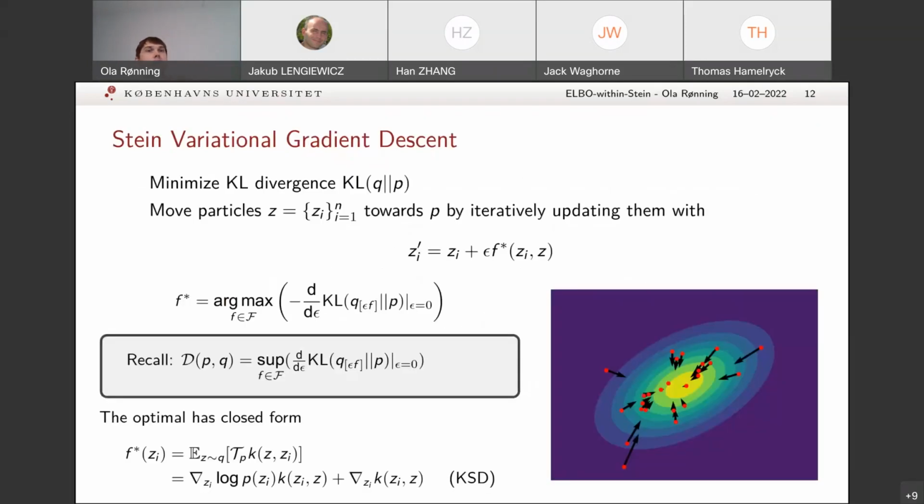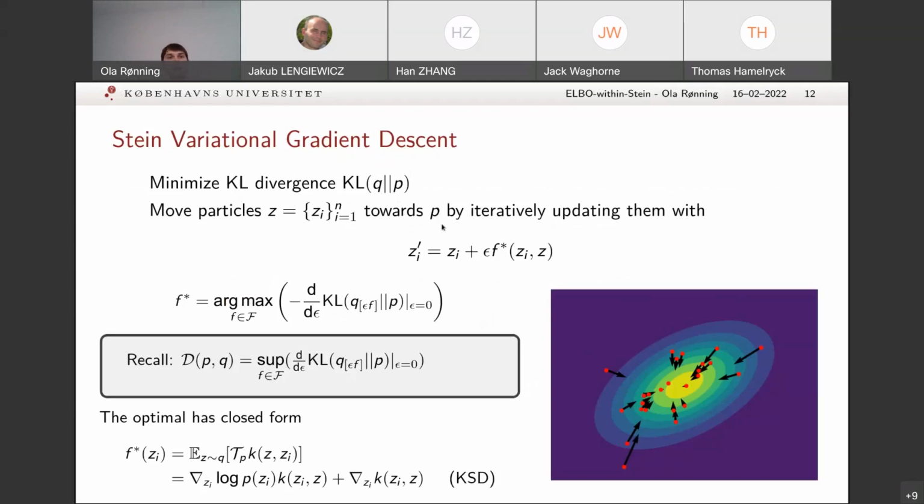Okay, so this rushes us through to Stein Variational Gradient Descent. What we're going to do is try to minimize the KL divergence between this set of points and our target distribution, the posterior.